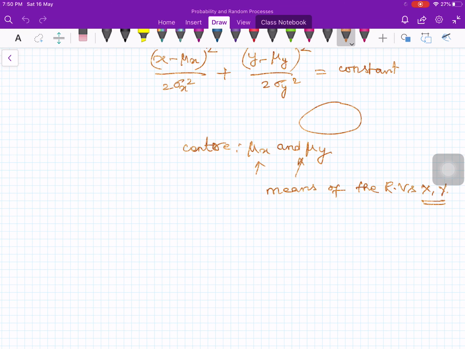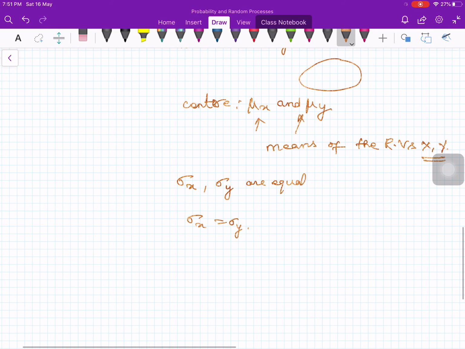If sigma x and sigma y are equal, then what will happen? Sigma x equal to sigma y, then you will get a circle. That ellipse would actually be a circle.